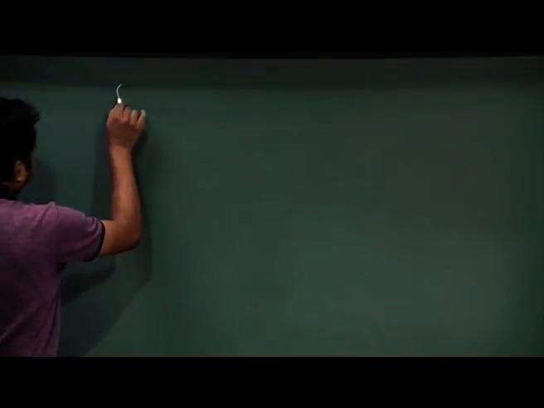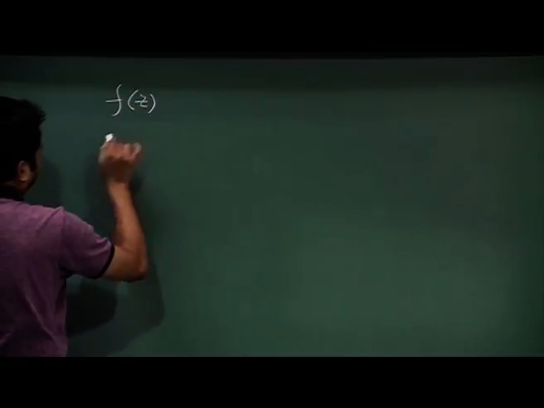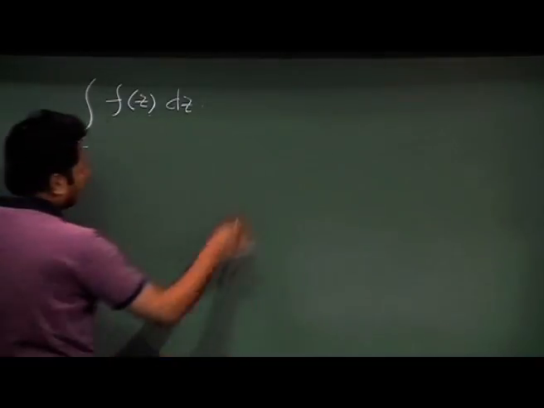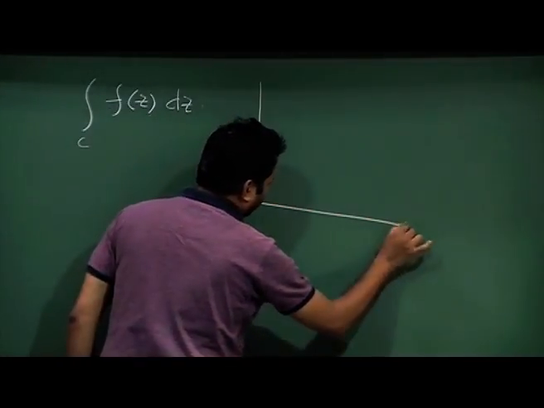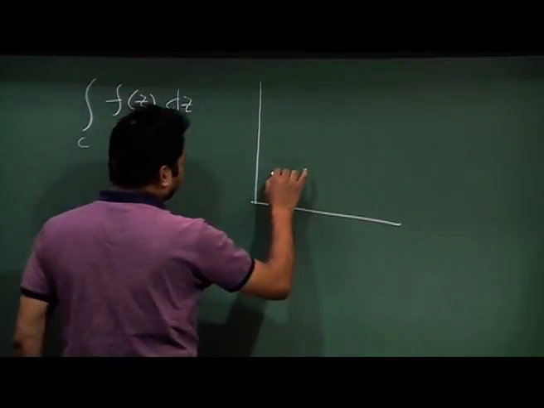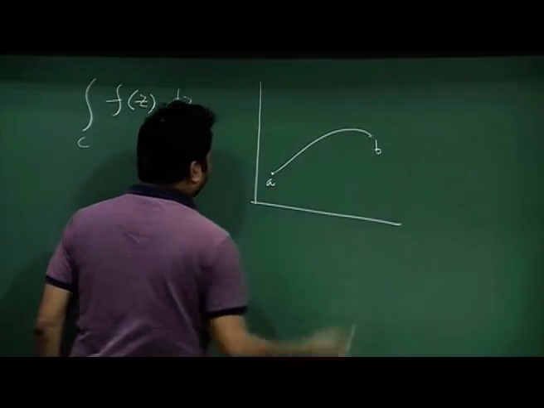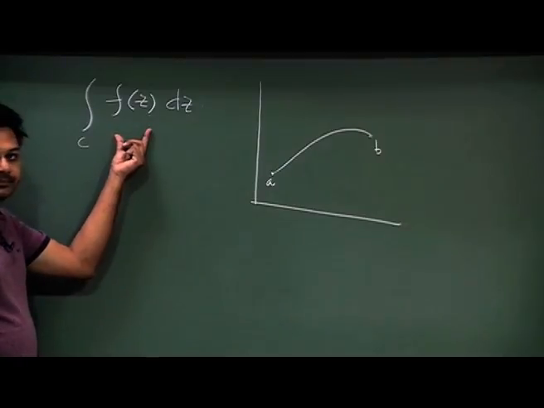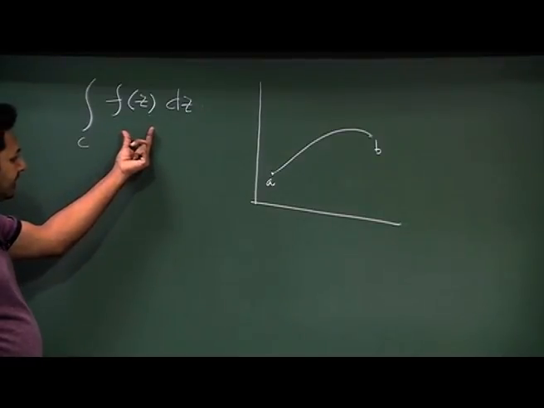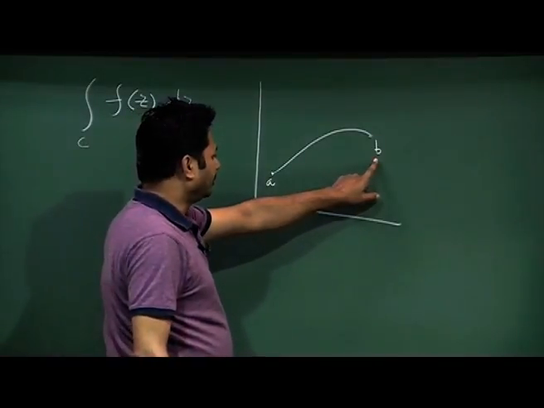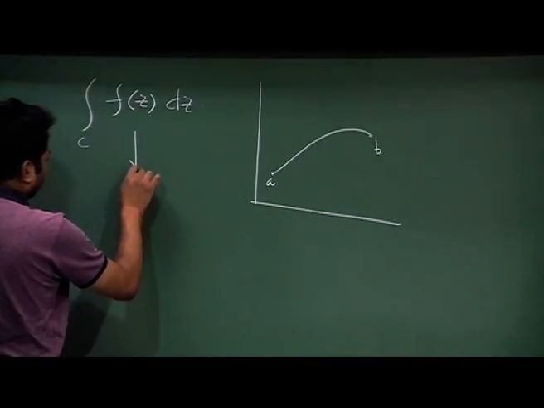In the previous class we learned a very important thing: if a complex function f(z) is given, and I want to integrate it over some curve in the plane from a to b, then the value of this integration depends only on the initial and final values when this function f(z) is analytic.